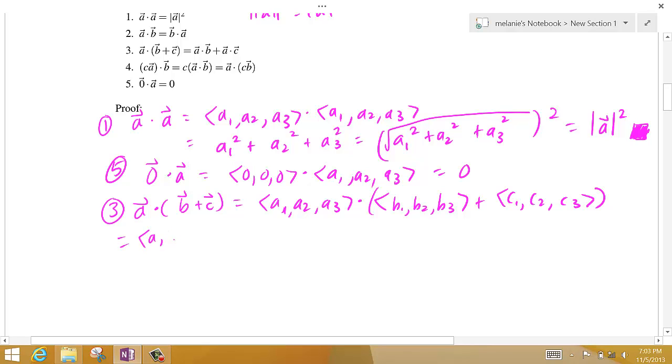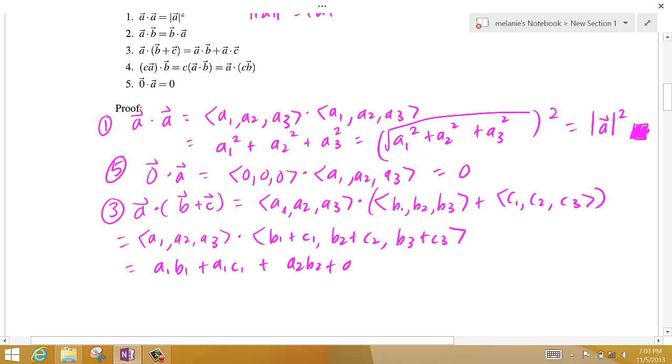So this is A1, A2, A3 dotted with B1 plus C1, B2 plus C2, B3 plus C3, like this. And then when I do my dot product, I do the first components together. So A1 B1 plus A1 C1 plus A2 B2 plus A2 C2 plus A3 B3 plus A3 C3.